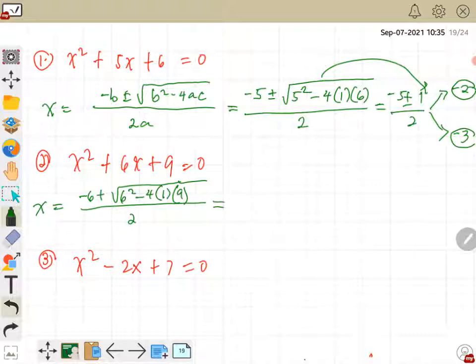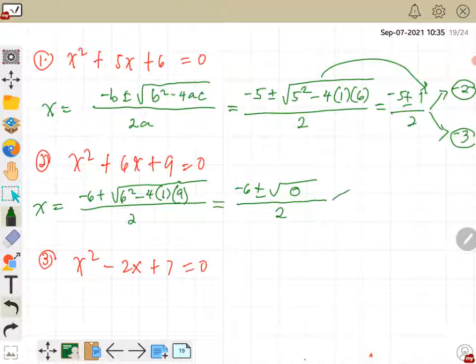This gives us negative 6 plus minus the square root of 6 square minus 4 times 1 times 9. 4 times 1 times 9 is 36, and 6 square is also 36, so 6 square minus 4 times 1 times 9 gives us 0, all over 2.